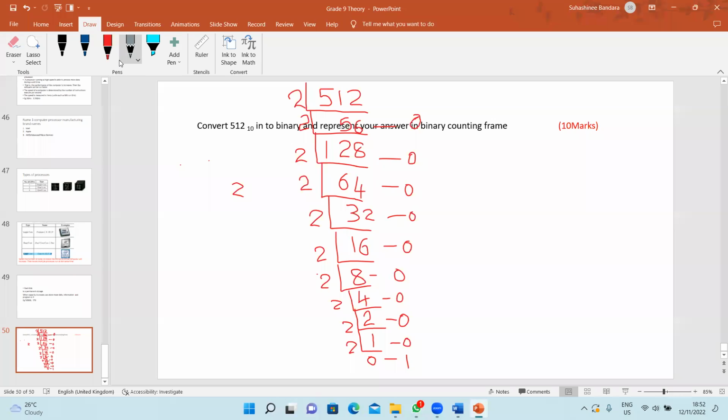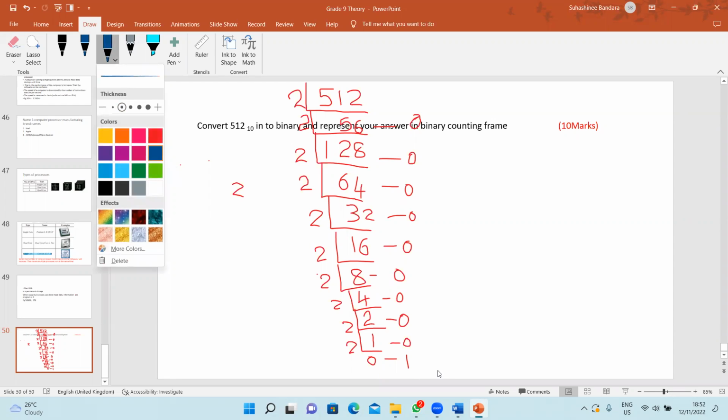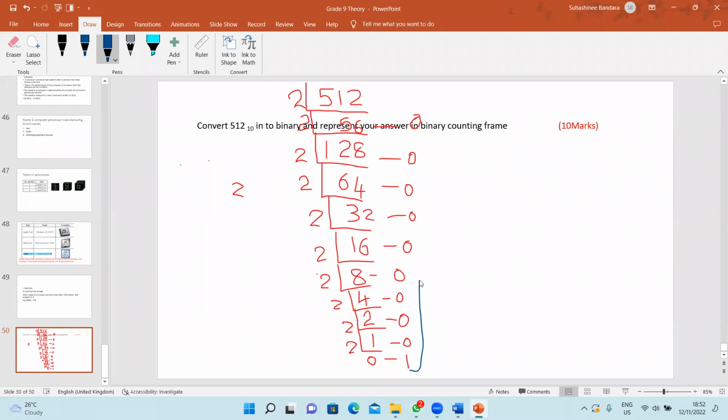So now we are going to take only the remainders, that means these ones. From here to here, we are going to write from down to top.